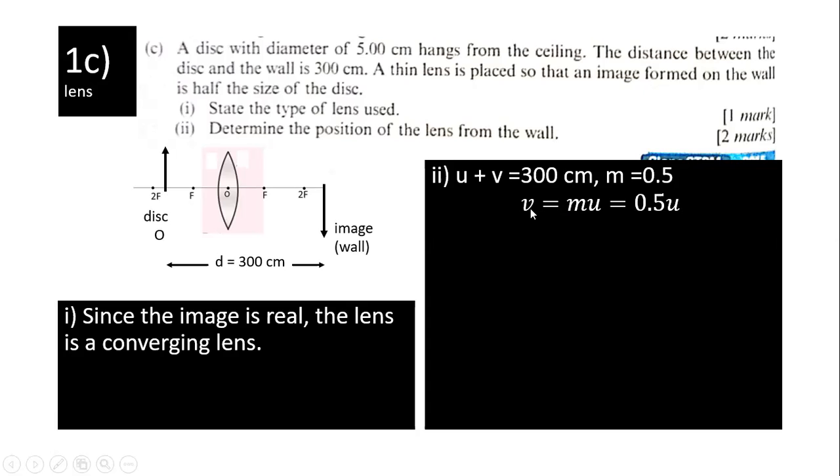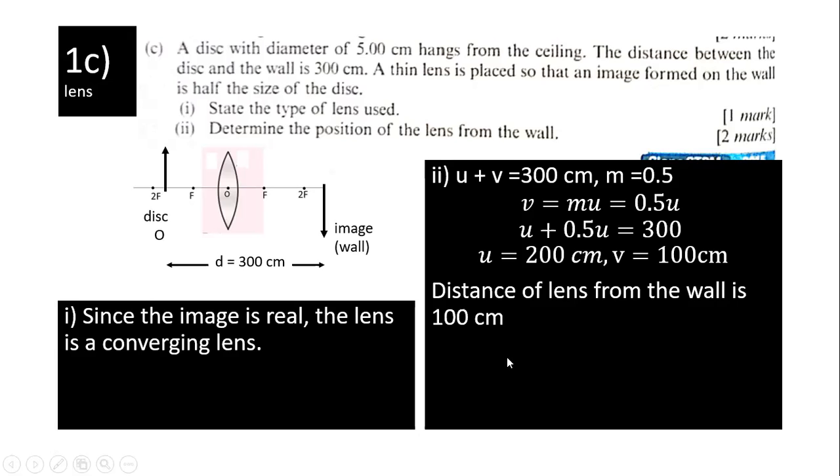So your magnification 0.5 is V over U. So you take U across there, you get that, and put into your lens formula. Replace V with that, then calculate your U. So now from your U, you can calculate your V from this equation. Distance of lens from the wall is 100 cm.